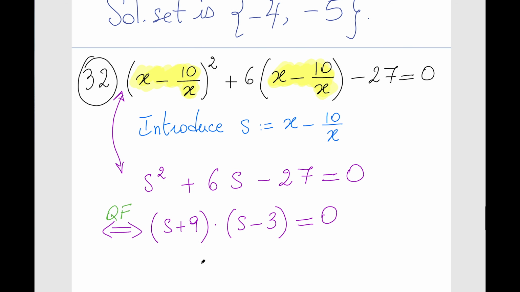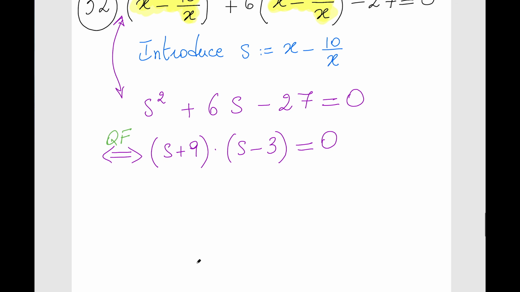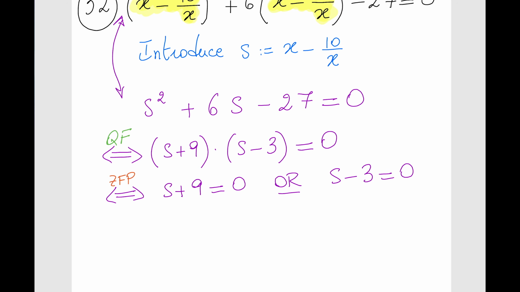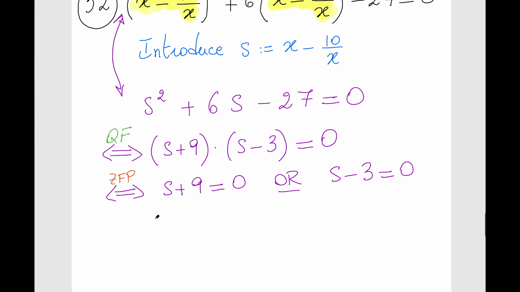Okay. And this is the same thing as saying, by the zero factor property, that s plus 9 is equal to 0, or s minus 3 is equal to 0, right? Which means s is negative 9, or s is plus 3, right?